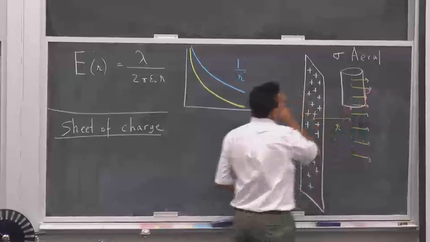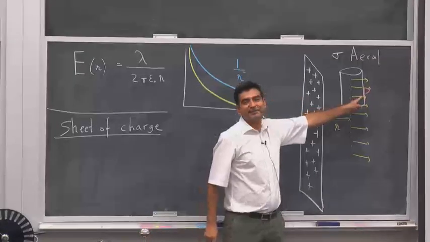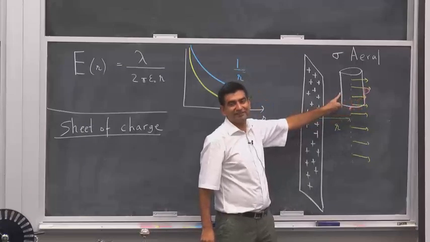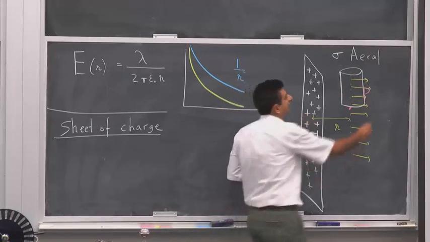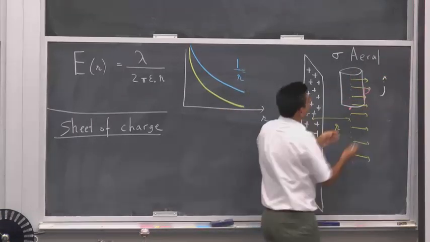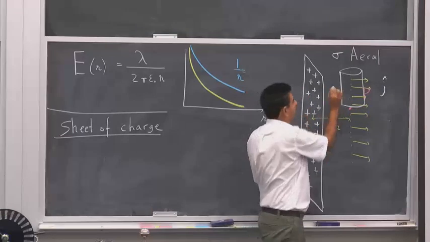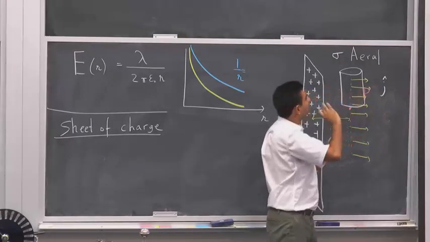like this, that's not going to work, because the electric field on the right side of this edge of this cylinder is going to be smaller than the electric field here. And the electric field is always pointing in the plus j direction, whereas the unit vectors, here they're pointing in the j direction, here they're pointing in the minus j direction, and in between they're pointing in this plane.